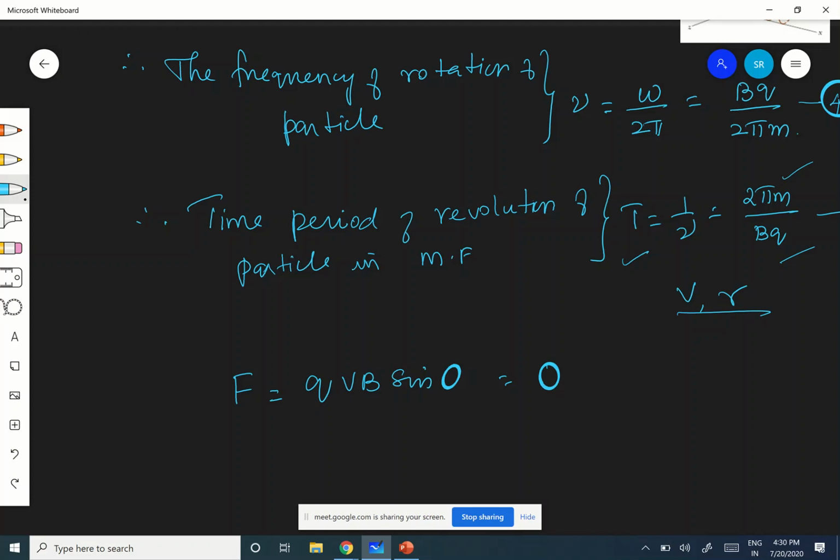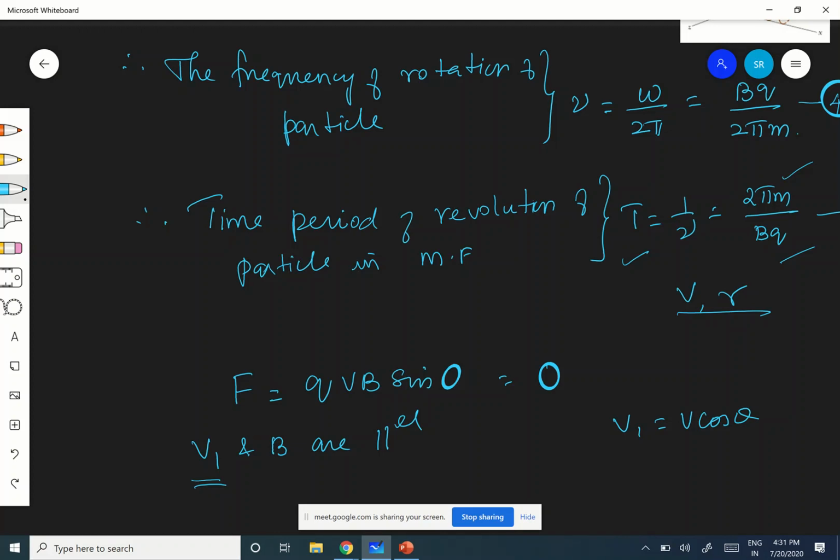Are you following? That is very, very important. So here V1 and B are parallel. V1 is nothing but V cos theta. So the component V1 is parallel to the field. Therefore, because of this component, it will not experience any force in the direction of the magnetic field.